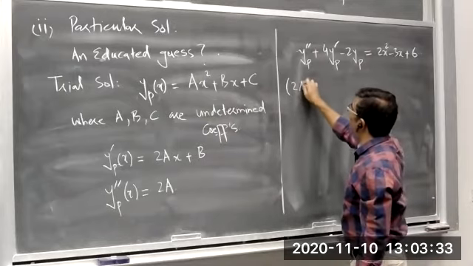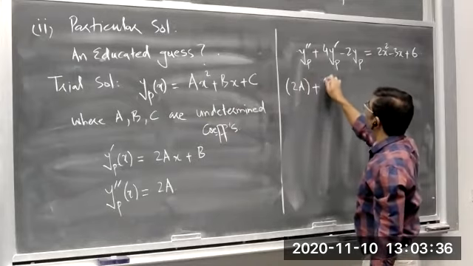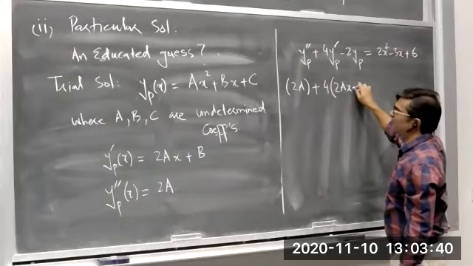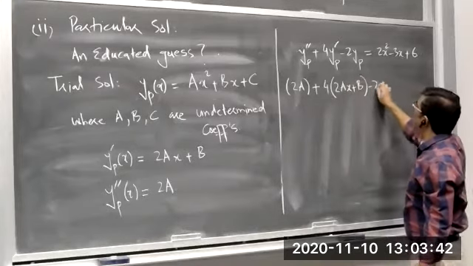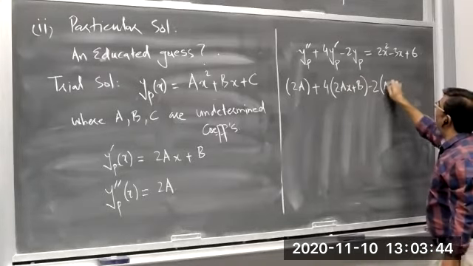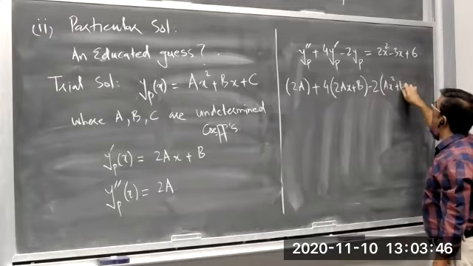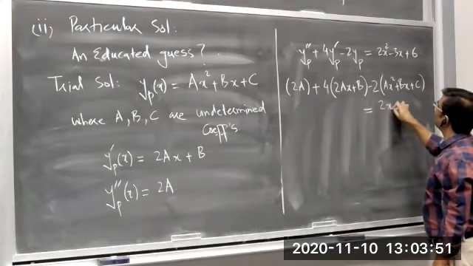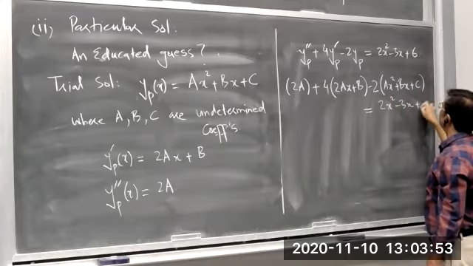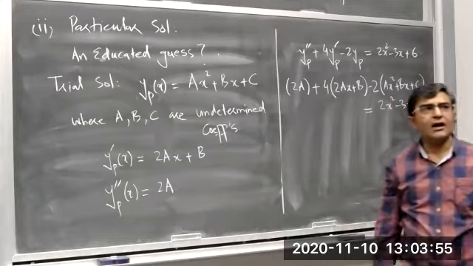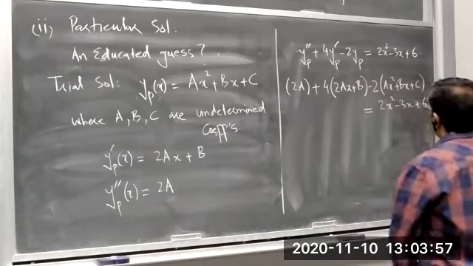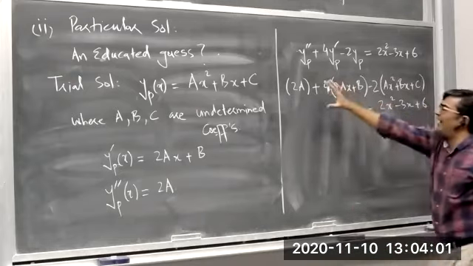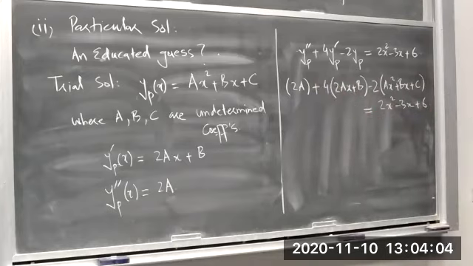Yp double dash is 2a, plus 4 times yp dash, which is 2ax plus b, minus 2 times yp, which is ax squared plus bx plus c, is equal to 2x squared minus 3x plus 6. This is what we obtain. Now, how to rearrange the terms on the left-hand side?